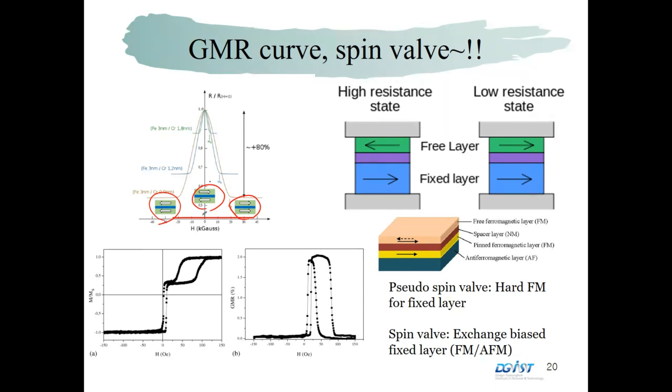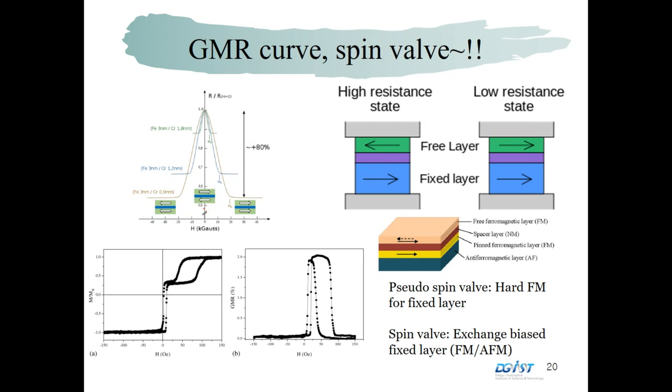In the anti-parallel case, the resistance is getting larger, and the resistance can drop very largely when they are parallel. The value can reach around 80% in this case. The details of the MR curve depend on the thickness of the interlayer, in this case, chrome.